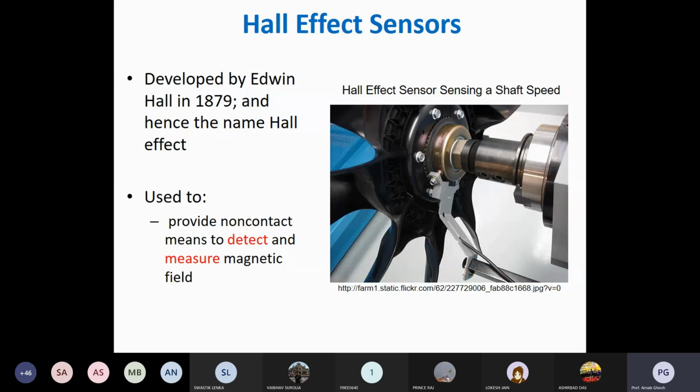So the last one is the Hall effect sensor that I told you about in my last class.